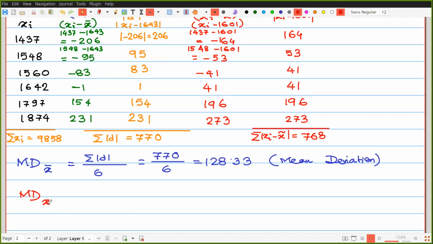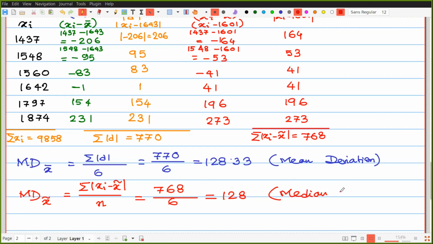That is why we write it as MD x tilde: summation of modulus of xi minus x tilde upon n. We already found 768 divided by 6, which is equal to 128. Although it is called median deviation, practically it is also called mean deviation. That's how we can find the median deviation for ungrouped data.